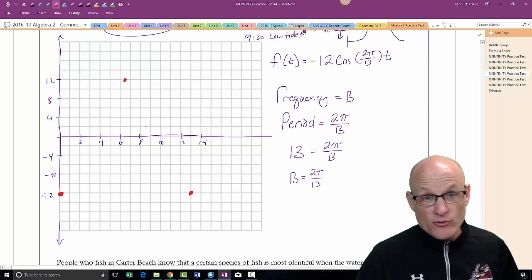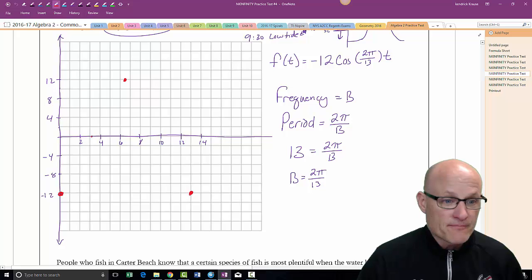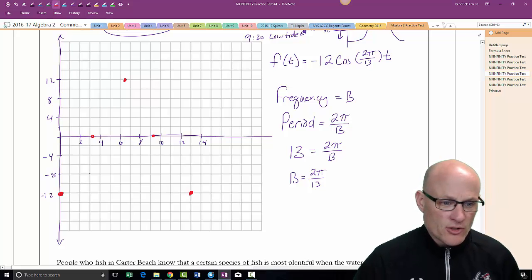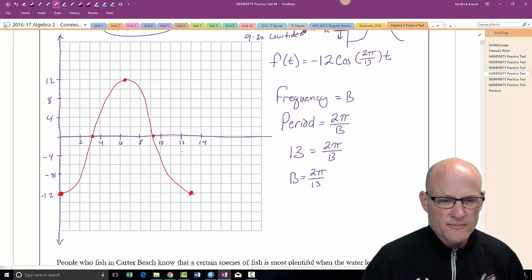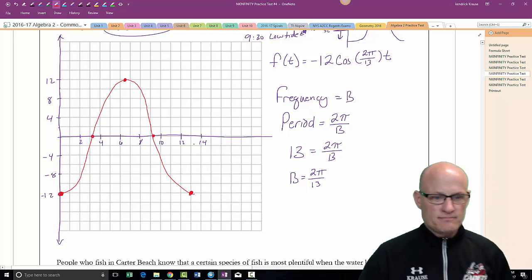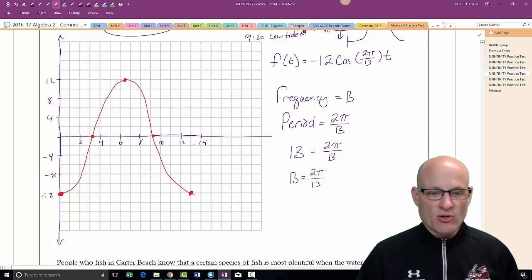In between those two, we are going to have a 0, and that's at 3.25, and 3.25 here. So my curve is going to look something like this. Not the prettiest thing in the world, but there it is. That's our graph. Now, let's see what they ask.